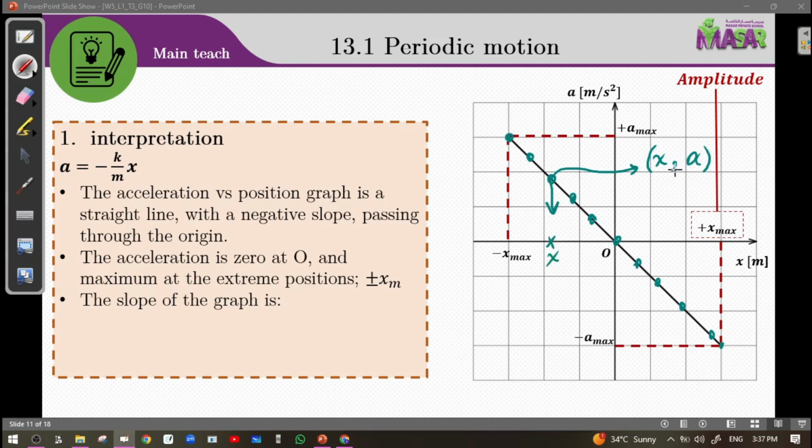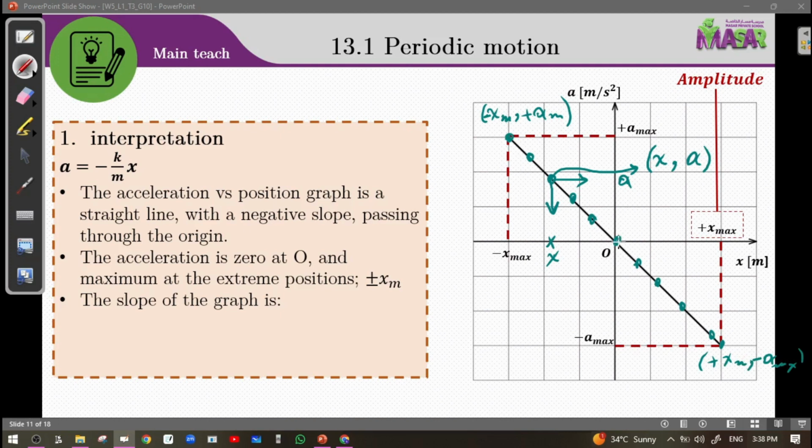And if we are looking for the acceleration, we just project along the vertical axis to find the corresponding acceleration for that location or position. For the extreme points, these two points represent minus x max and plus a max. And for this point, it will be plus x max, but minus a max.